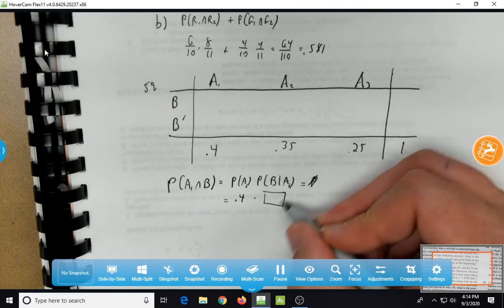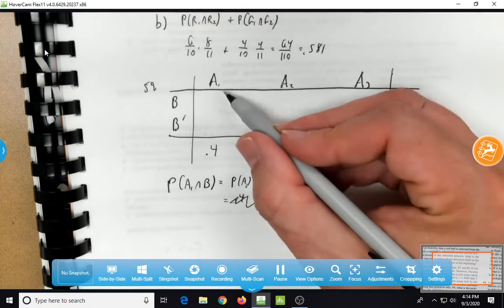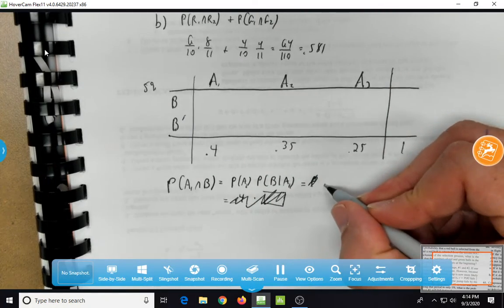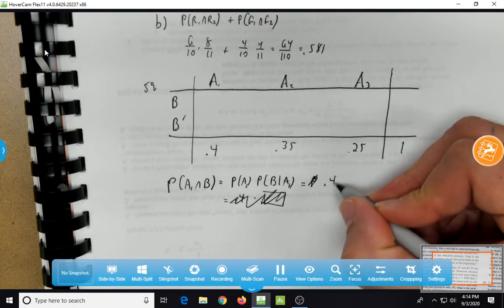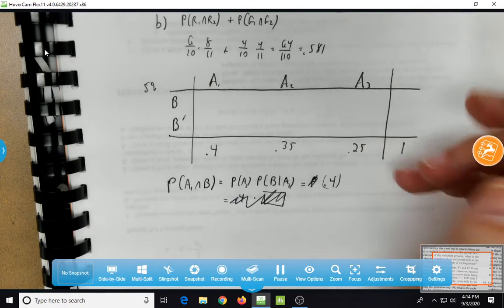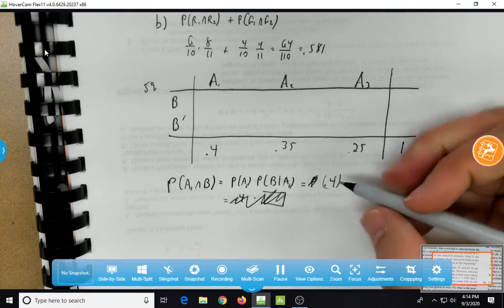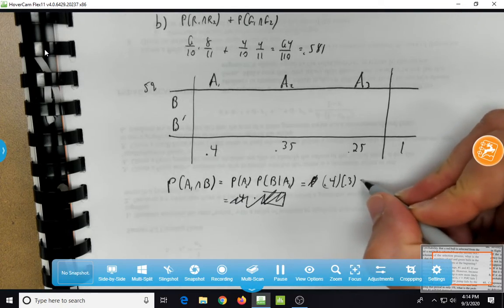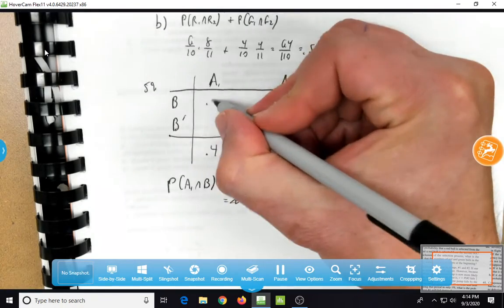Actually, I do know that. Those using regular gas, 30% of them fill it up, so I get 0.4 times 0.3, which is 12%.